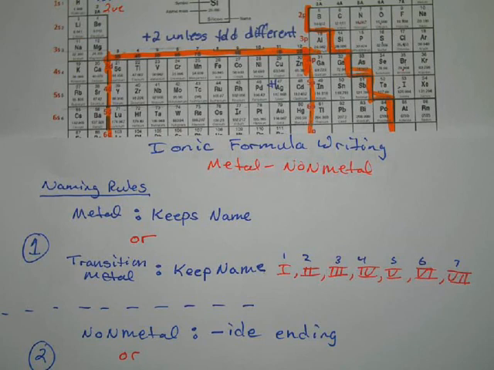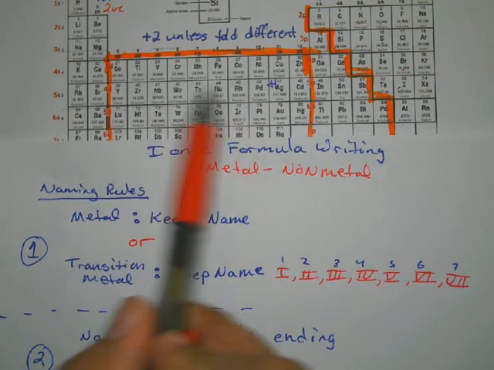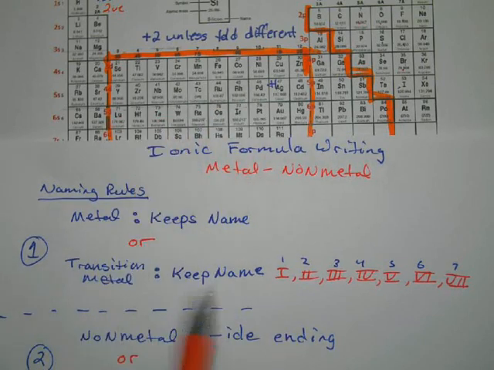So let me recap the ionic naming rules because it's these ionic naming rules that help us get the formula from the name. Remember the metal. The metal always keeps its name. If it's a transition metal, that means one of these middle metals, you have to include the oxidation number in Roman numerals, okay?